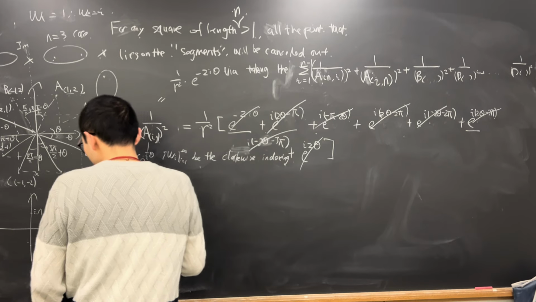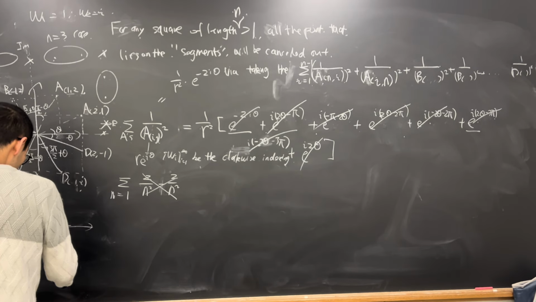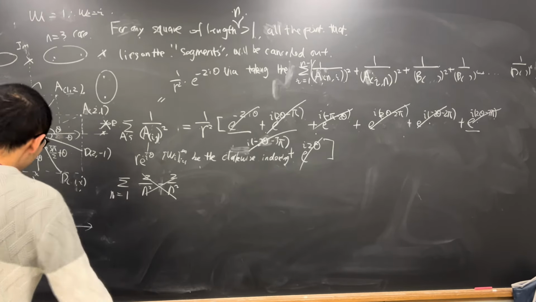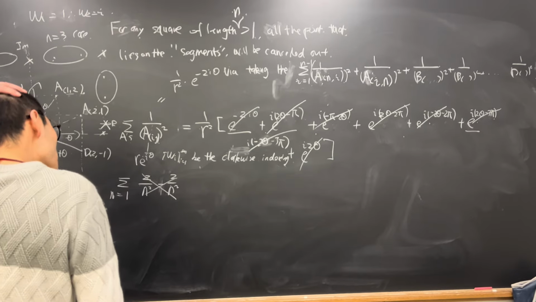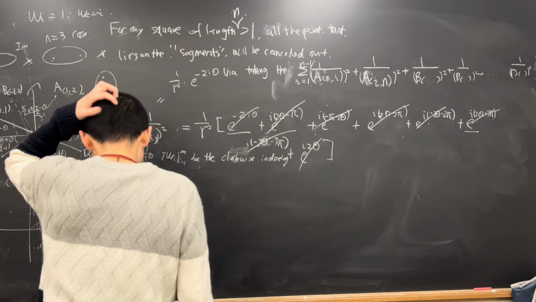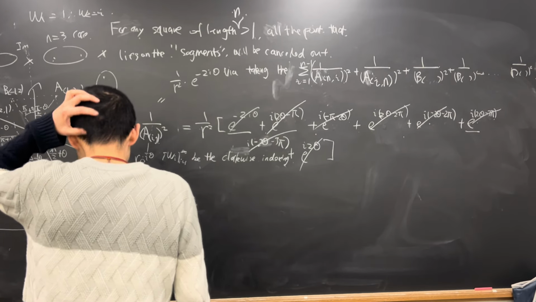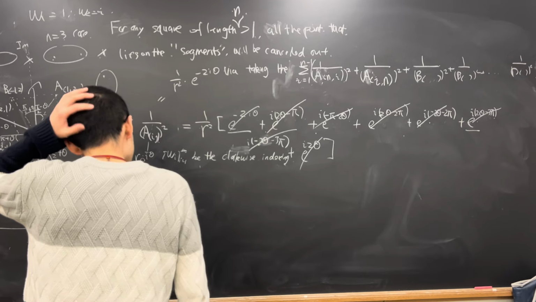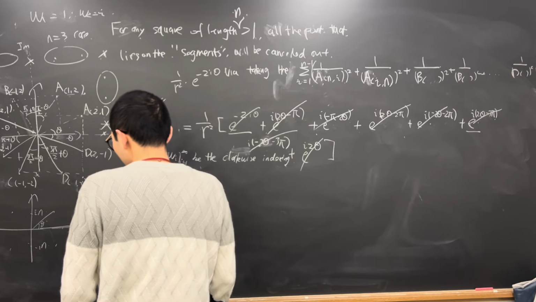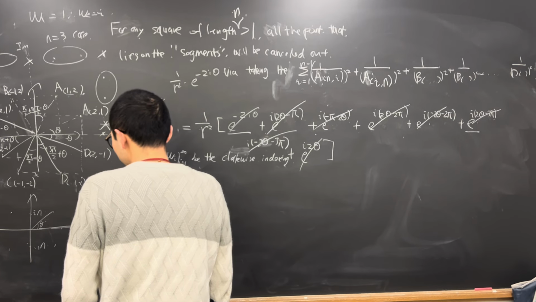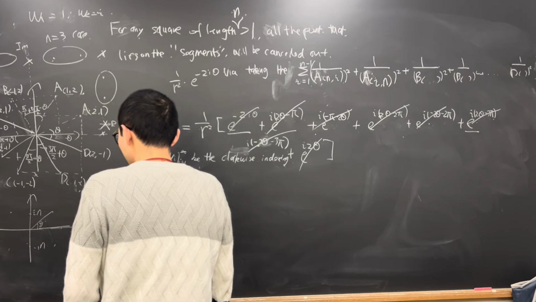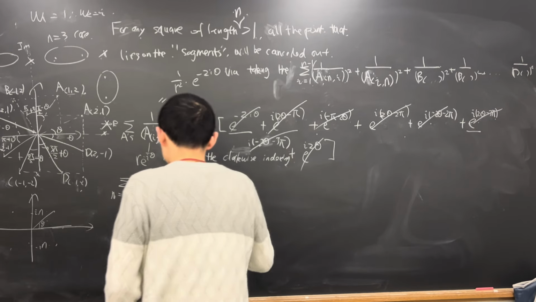And then you have the corner points. I think we use the square root of 2, right?